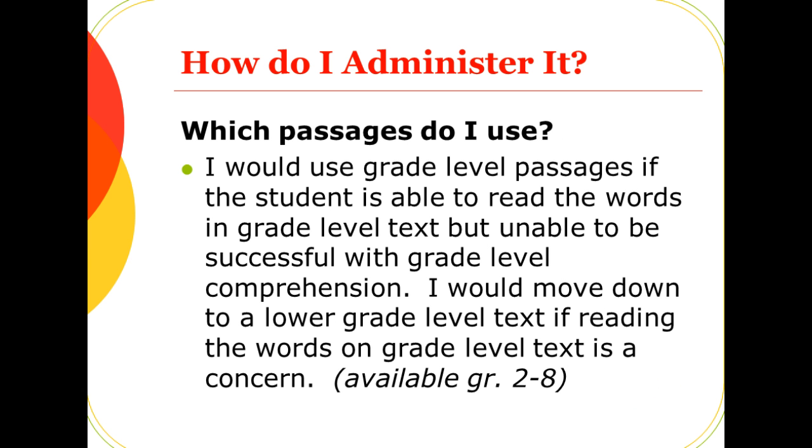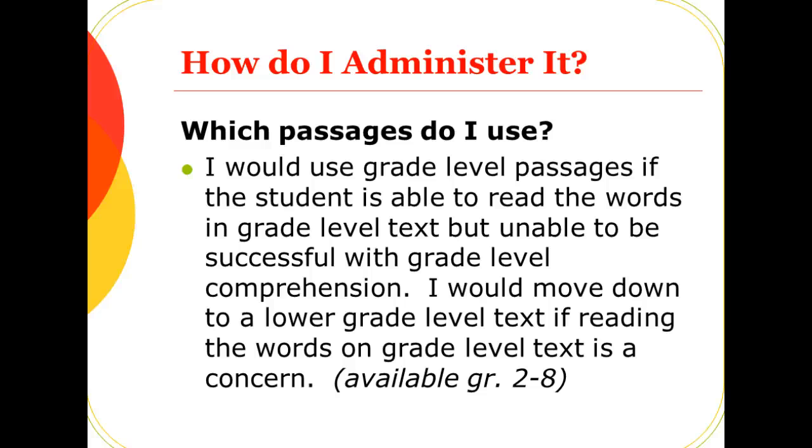Now, as a teacher, which passage should I choose? I saw on the choices at the website that I've got them for all grade levels 2 through 5. I would use the grade level passage if the student is able to read the words in grade level text, and the reason that they're in this comprehension intervention is that they're not successful with comprehension. I would move down to a lower grade level text if reading the words on the grade level text is the concern.